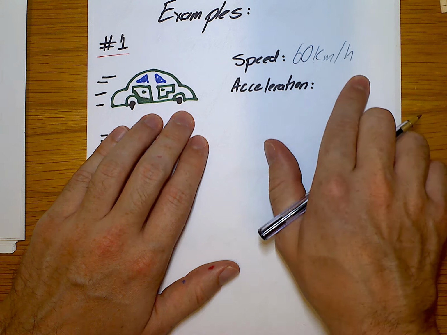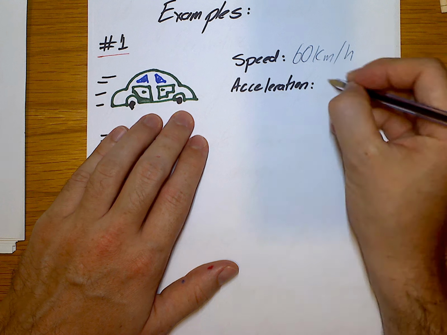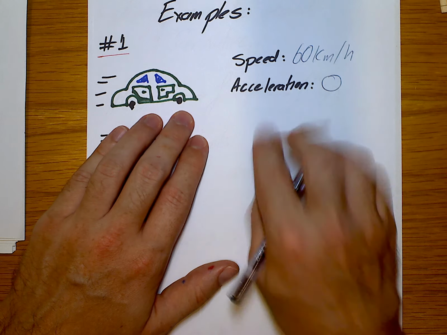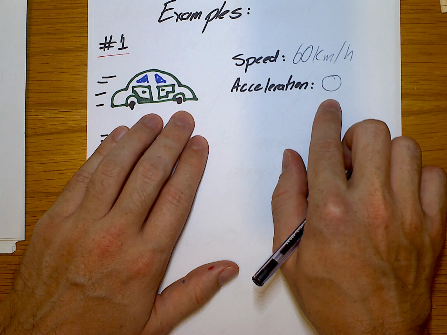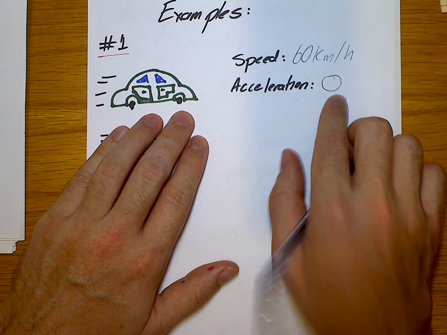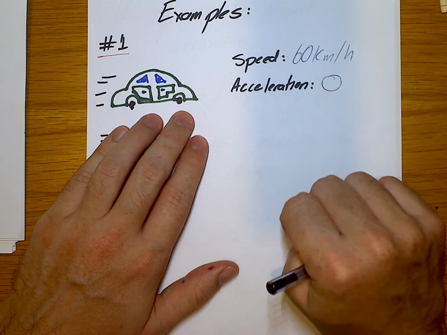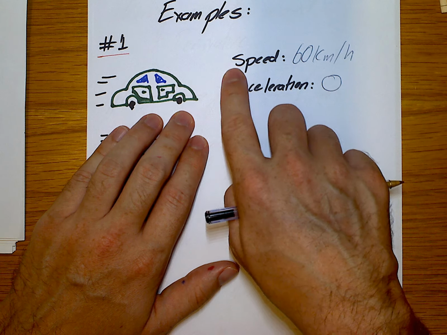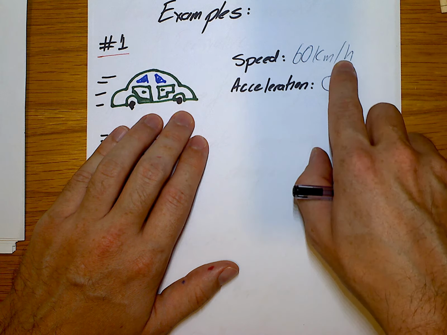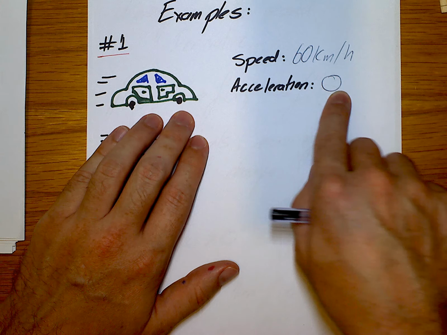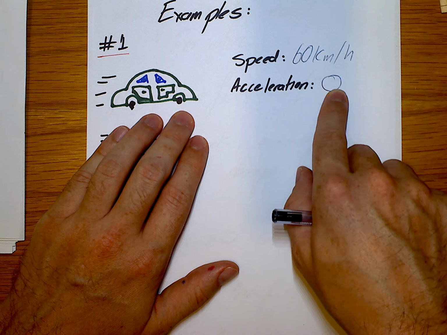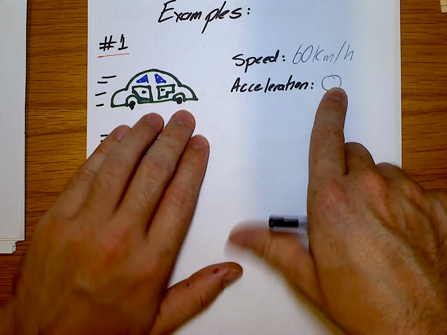Its acceleration would be 0. Its change in speed would be 0. So if we're thinking about going into second derivatives, the speed is this, and the change in speed is not changing. Hopefully that helps you understand.